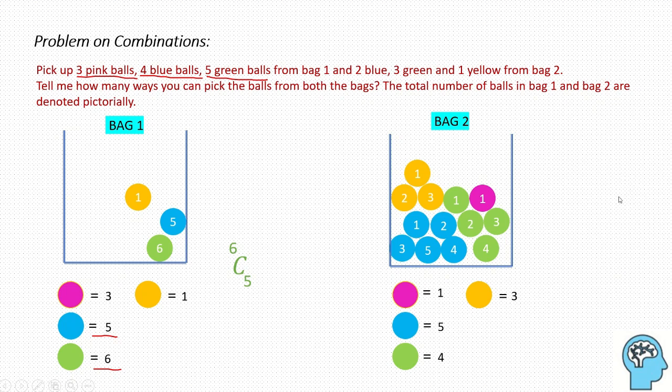Now let's look at bag 2. 2 blue balls from a total of 5. Number of ways we can do it is 5C2. 3 green balls from a total of 4 from bag 2.